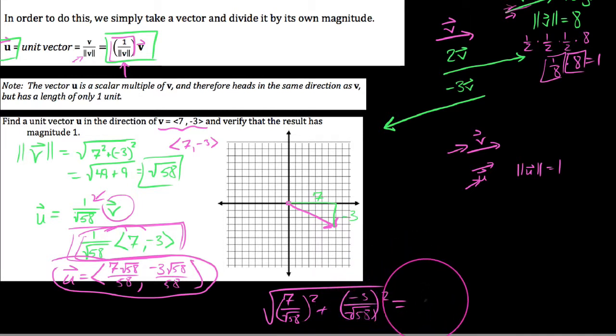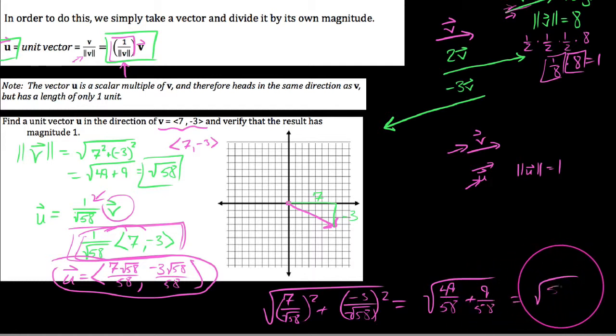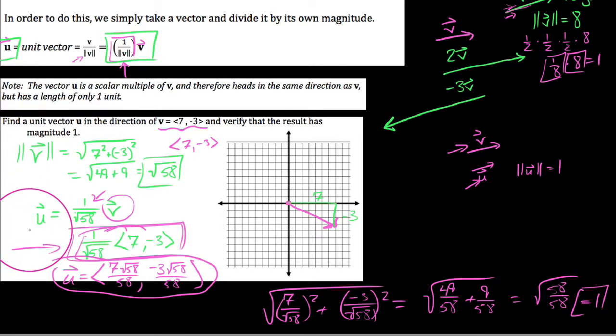Let's see if we get a length of 1 here. So we'd get the square root of, on the inside here, 49 58ths plus 9 58ths, which is the square root of 58 58ths. We do get a magnitude of 1 on this vector right here. So that's what we wanted to do. So that's what a unit vector is: it's the original vector divided by its own magnitude, or multiplied by the reciprocal of its own magnitude.